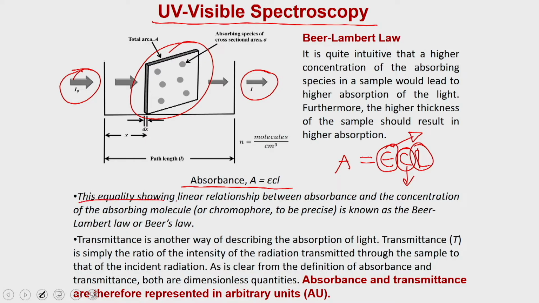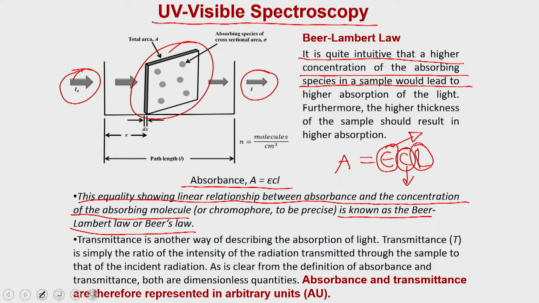This equation showing the linear relationship between absorbance and the concentration of the absorbing molecules is known as the Beer-Lambert law, or Beer's law. It is quite intuitive that a higher concentration of the absorbing species in a sample would lead to higher absorption of the light.